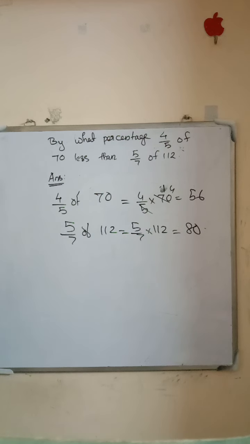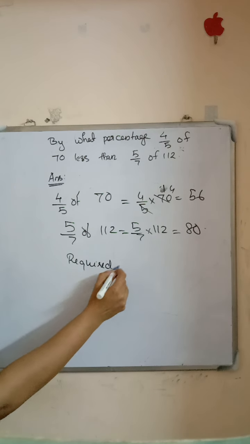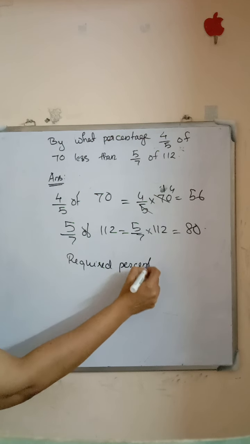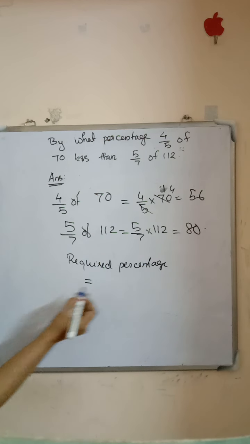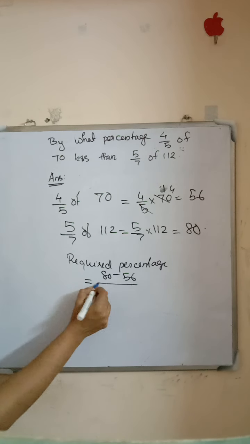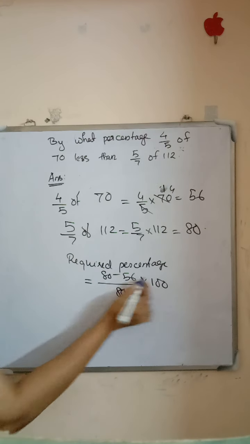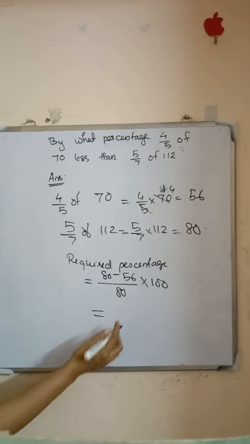By what percent is 4 by 5 of 70 less than 5 by 7 of 112? Okay, we know that the required percentage is 80 minus 56 divided by 80 into 100.